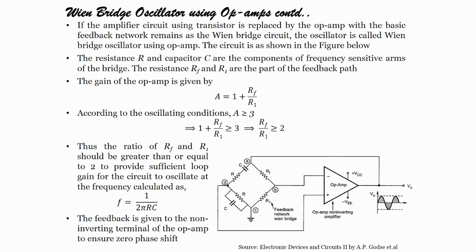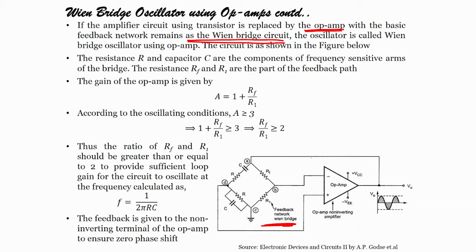Now, let us see further. If the amplifier circuit using a transistor is replaced. We are not talking about transistorized circuits in this particular course, we are only talking about operational amplifier based circuits. So, if the amplifier circuit using a transistor is replaced by an op amp, with the basic feedback network remaining as the Wein bridge circuit, this is our feedback network, which is our Wein bridge circuit.